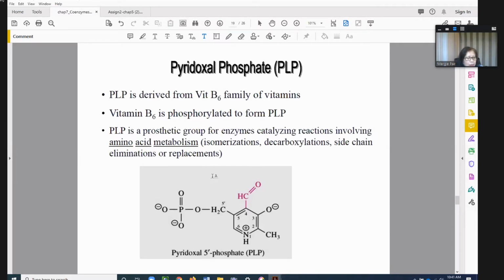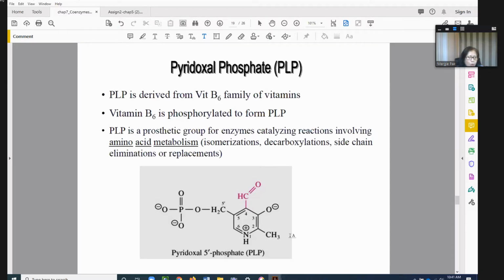Vitamin B6 is phosphorylated to form PLP. This phosphoryl group here is donated by ATP. It's the gamma phosphoryl group that is transferred to vitamin B6 to form PLP.